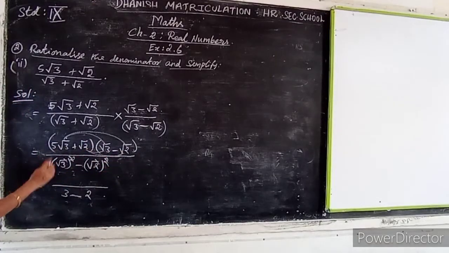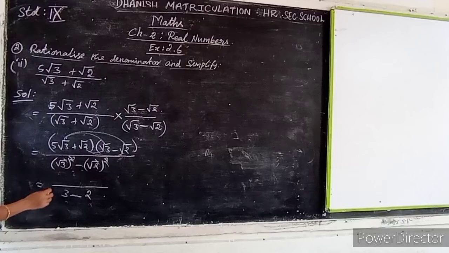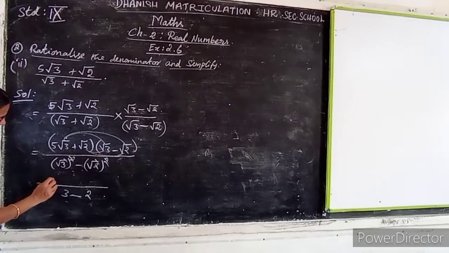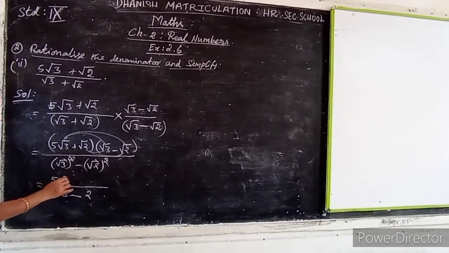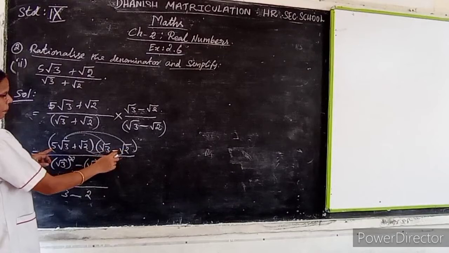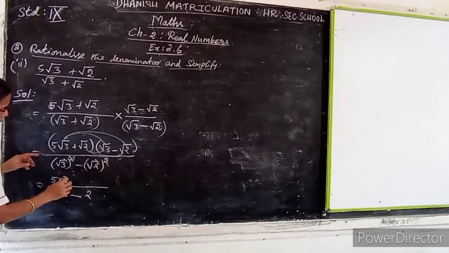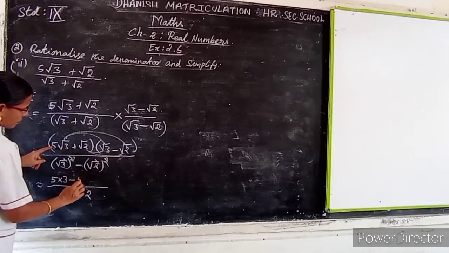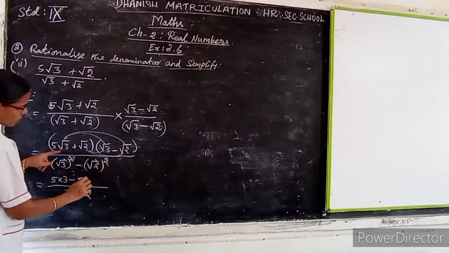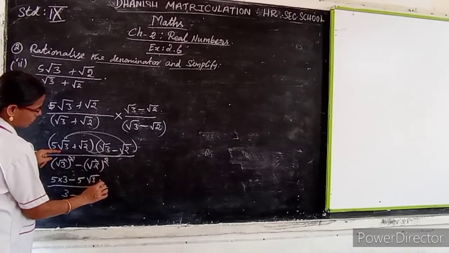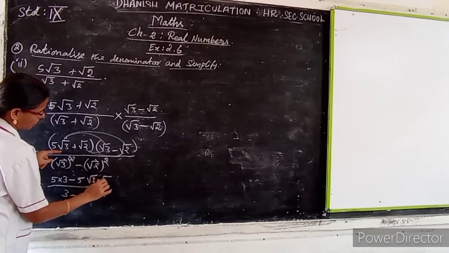So multiply this by this, this by this, and this by this. First multiply 5 root 3 into root 3. We will get 5 into root 3 into root 3, which is 3. Now 5 root 3 into minus root 2: plus into minus is minus, 5 root 3 into root 2.